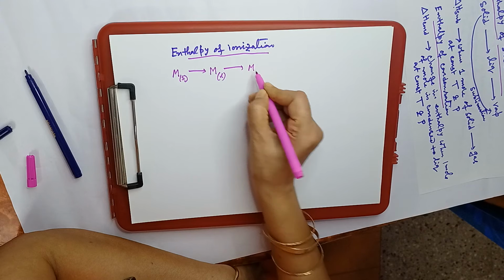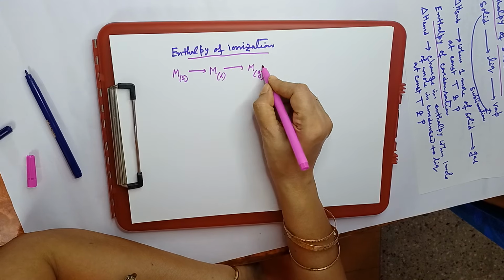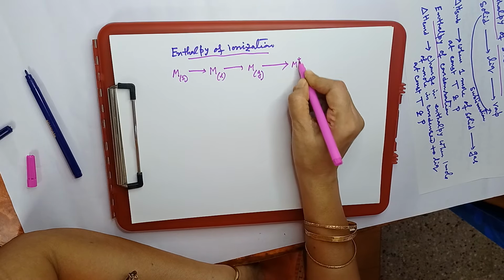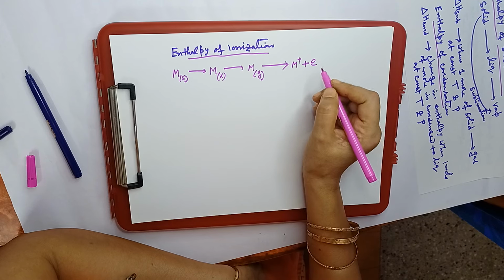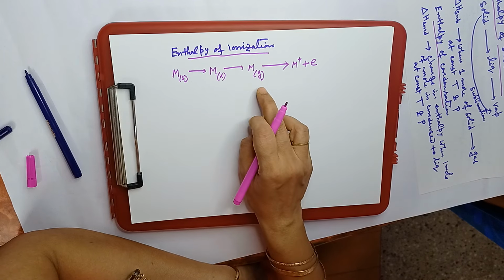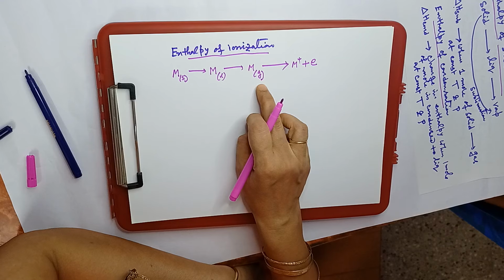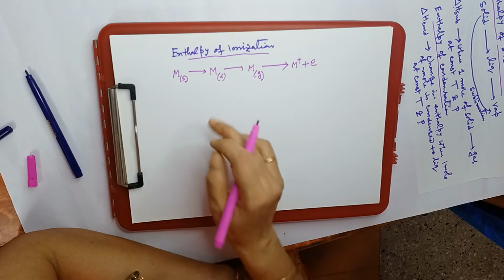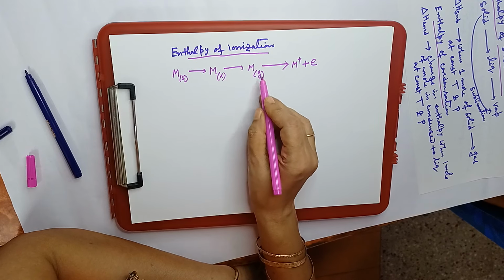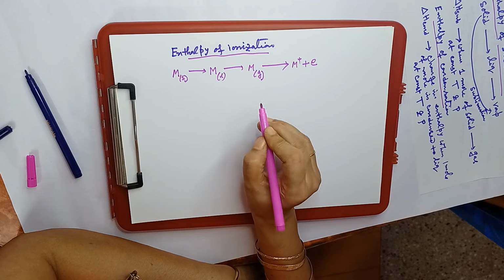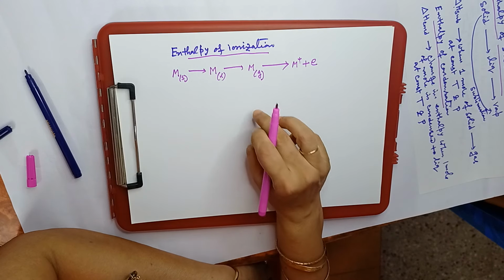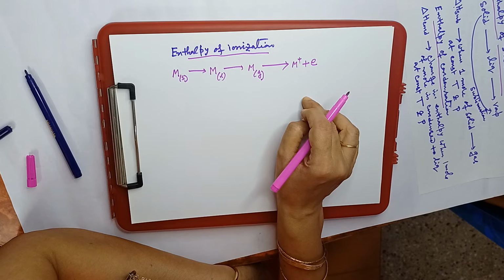Then it will go to the gaseous metal. Then it is converted to ions, that means metal ion plus release of electron. Then how can I define this enthalpy of ionization? Enthalpy of ionization means the change in the enthalpy when 1 mole of the gaseous substance, say gaseous metal, is converted to ion at constant temperature and pressure. So, this is enthalpy of ionization.